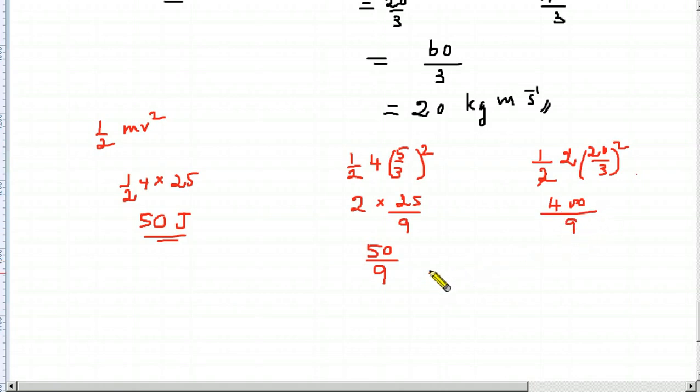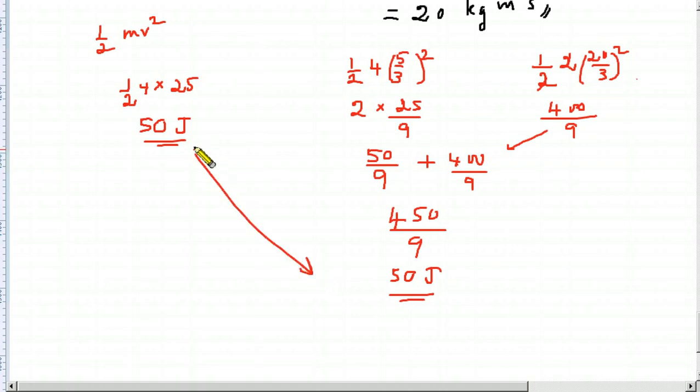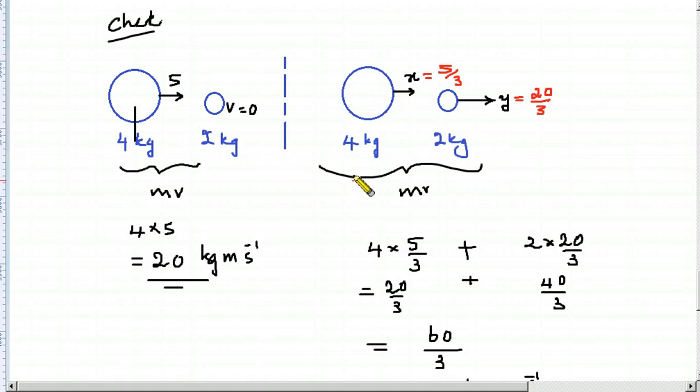So we have to add these two, plus 400 divided by 9, so 450 divided by 9, then 5 times, then 0, joule, correct, equals, correct. So our calculation is successful.